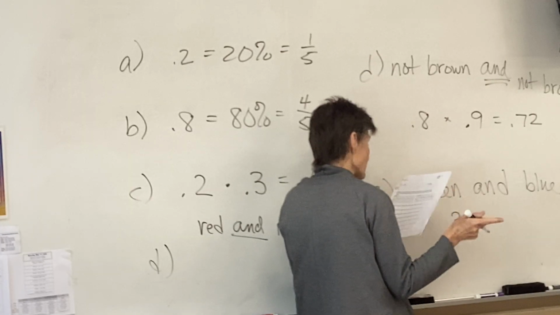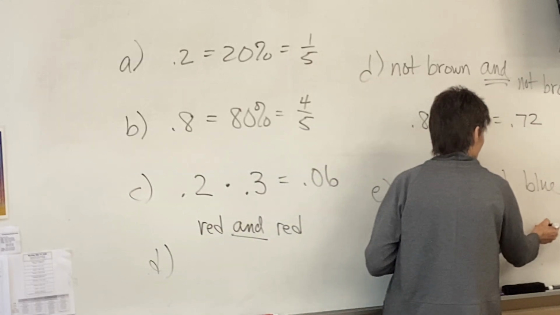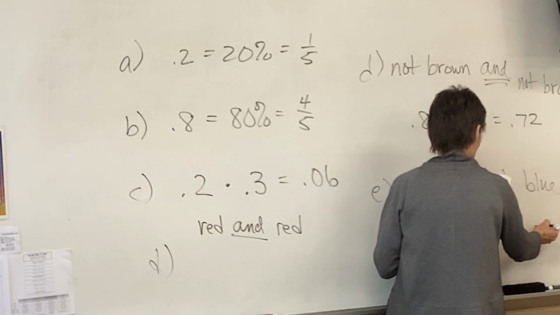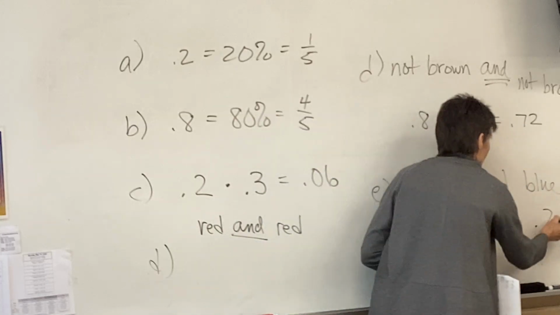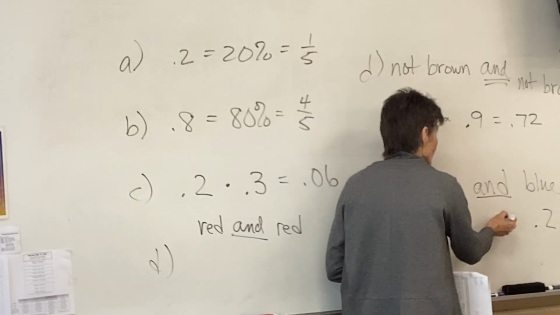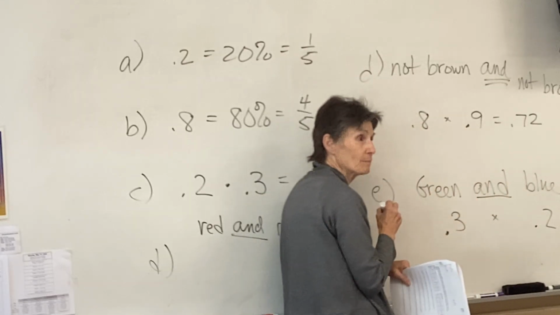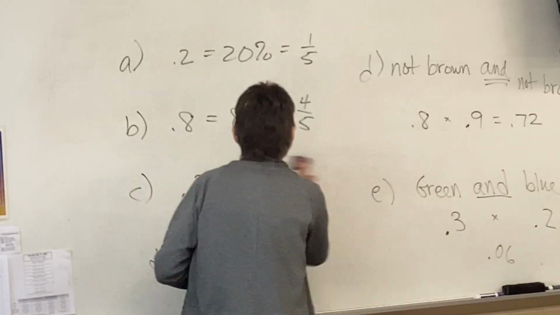And then I need Elizabeth to be blue. 0.2. And since it's green and blue, I will multiply those. And the answer is 0.06.